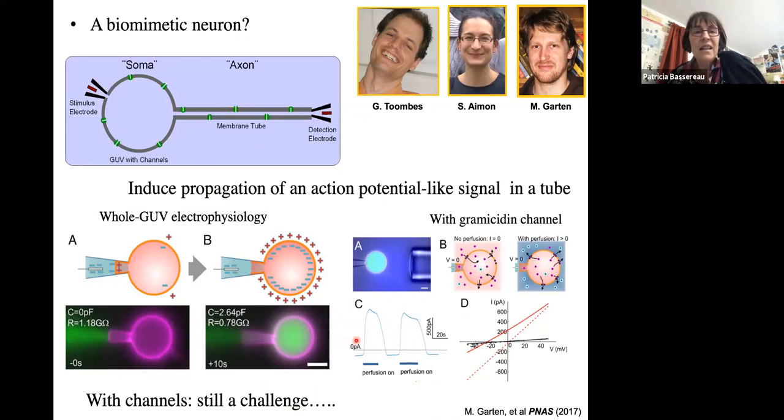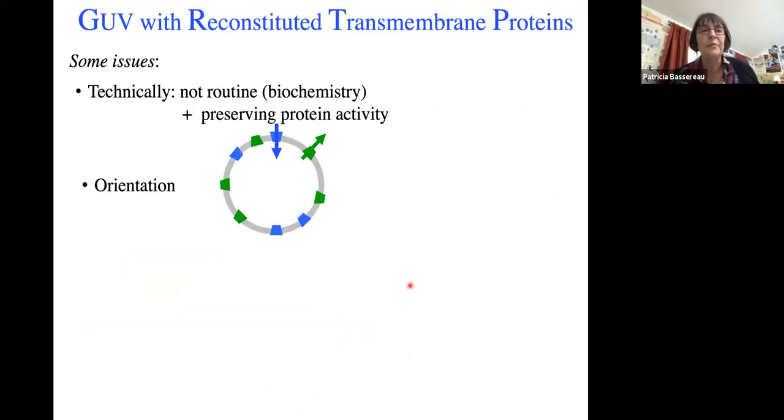One of the issues with this reconstitution is that it requires a lot of biochemistry, which is not easy. You also need to be sure that you preserve the activity of the protein, which is another issue. And as I mentioned, in many cases the protein is reconstituted but could be incorporated in one direction or the other, or a mixture of the two.